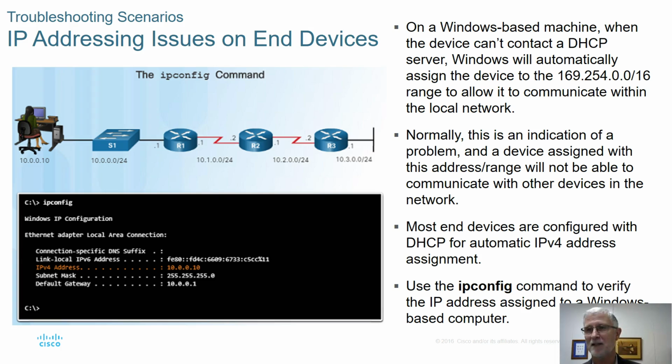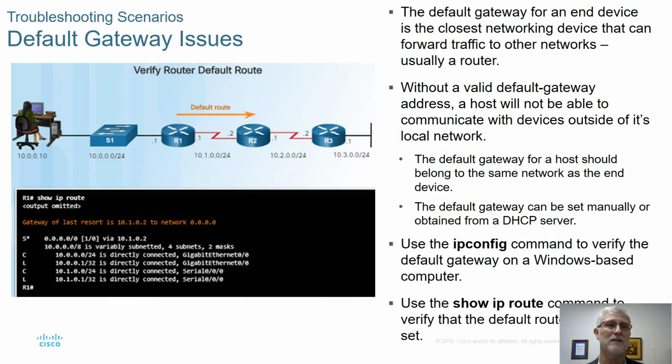If you see that, then you know that your IP address, either from your DHCP or you manually forgot to do it, you're going to see that kind of message. And then you're going to say, okay, why didn't the DHCP catch it? But in most end devices, it's done with DHCP. If that's up and running, if you can get access to the DHCP server, you'll have an IP address, and your ipconfig command will tell you how to do this.